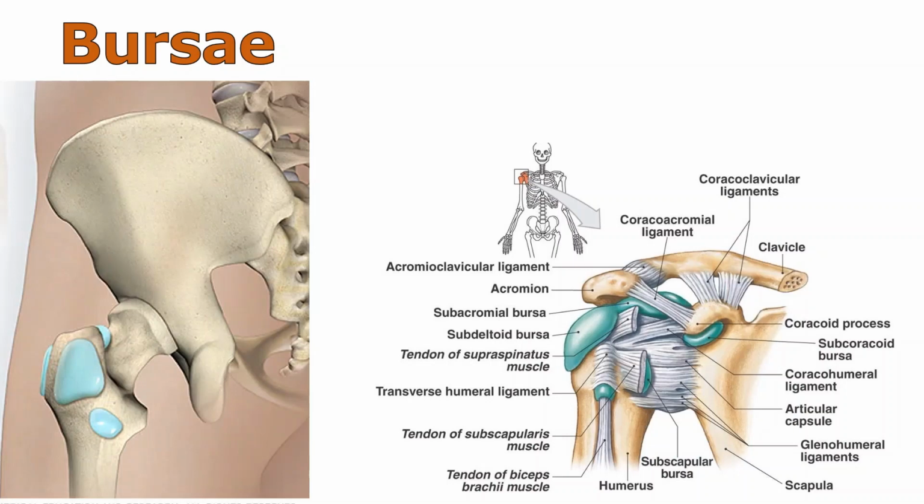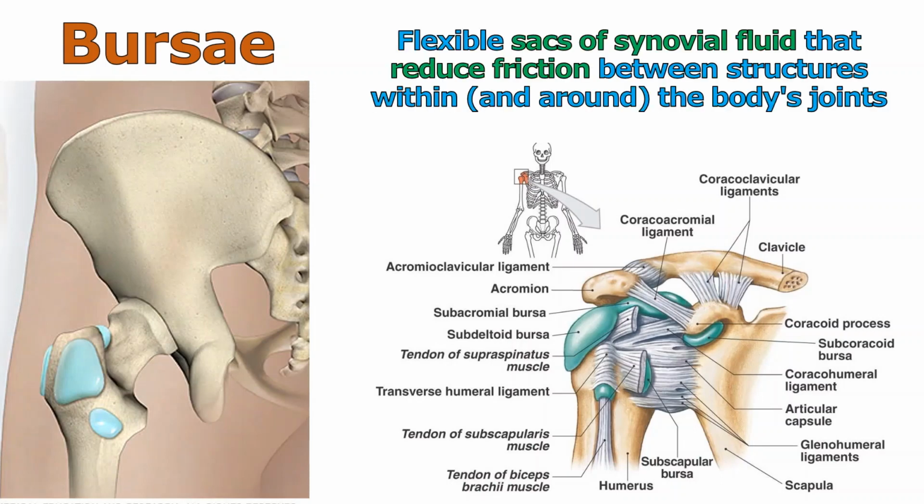Now, synovial joints are different from the other 2 classes, the fibrous and the cartilaginous, in that some of them contain bursae. The details of the image are irrelevant for us right now, but I'm going to circle here in this shoulder image all of these bluish sacs of fluid, and I can go over to the other side, to where the hip is, and put a circle around these sacs here.